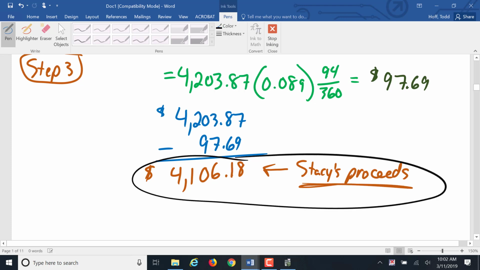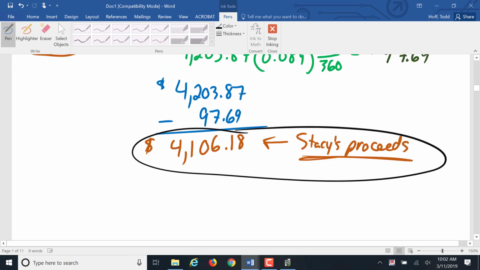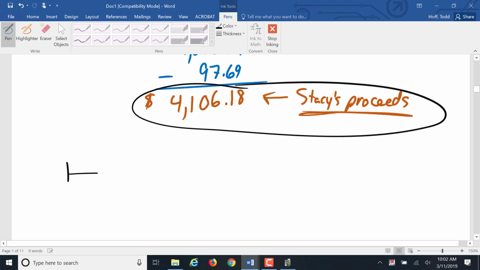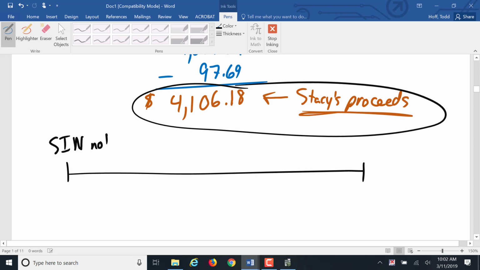Now, something that I should bring up here. Remember, this all came off of that original note. That original note was a simple interest note that was created. Stacy was the owner, was owed that money by Kim, and it had a term. And we added that interest in to get that maturity value.